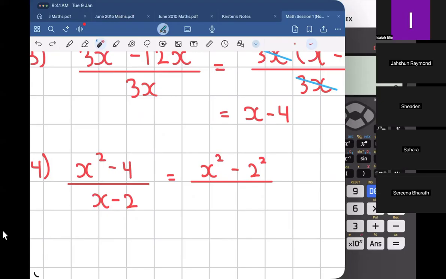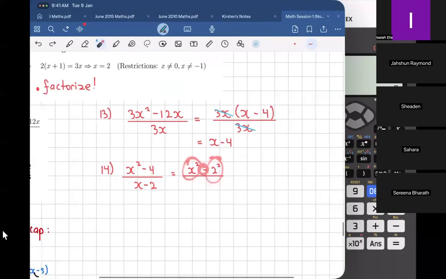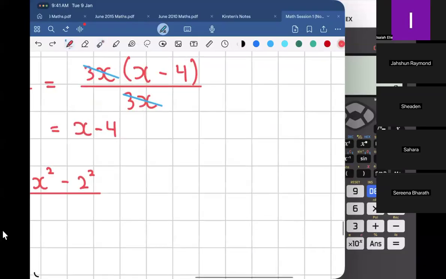Because if you raise something to the power 2, you're squaring it, right? Yes, sir. So I would say that this is x what? X squared, sir. And I would say that this is 2 squared. So difference of 2 squares. Do you remember how to do the difference of 2 squares?